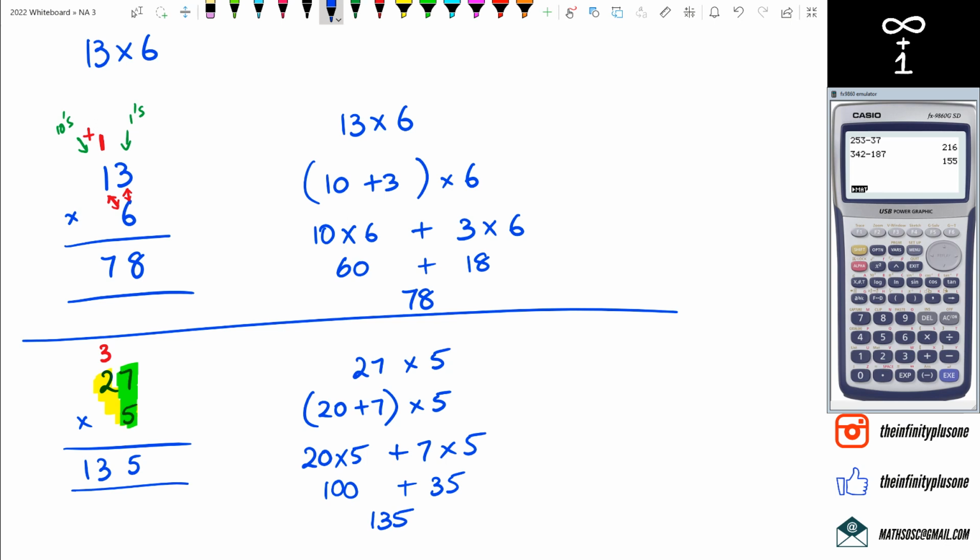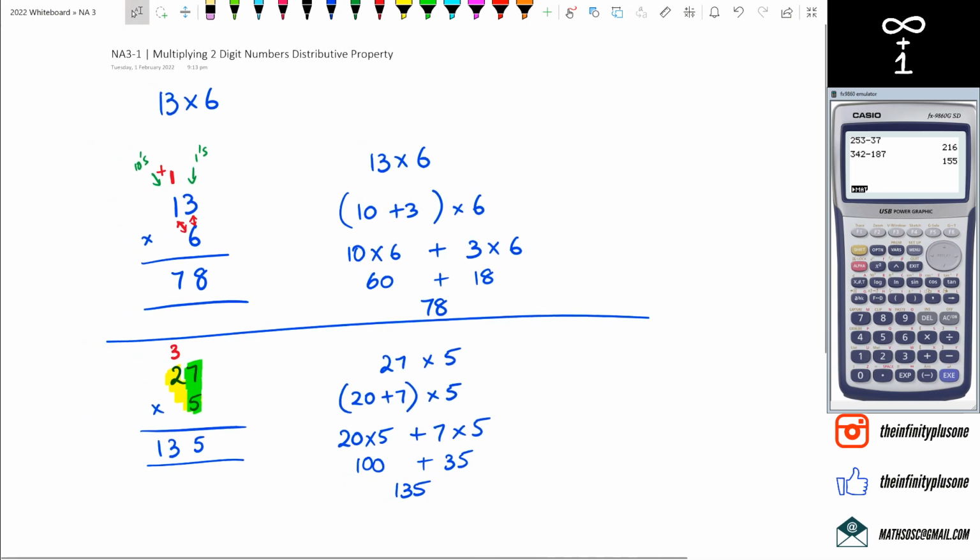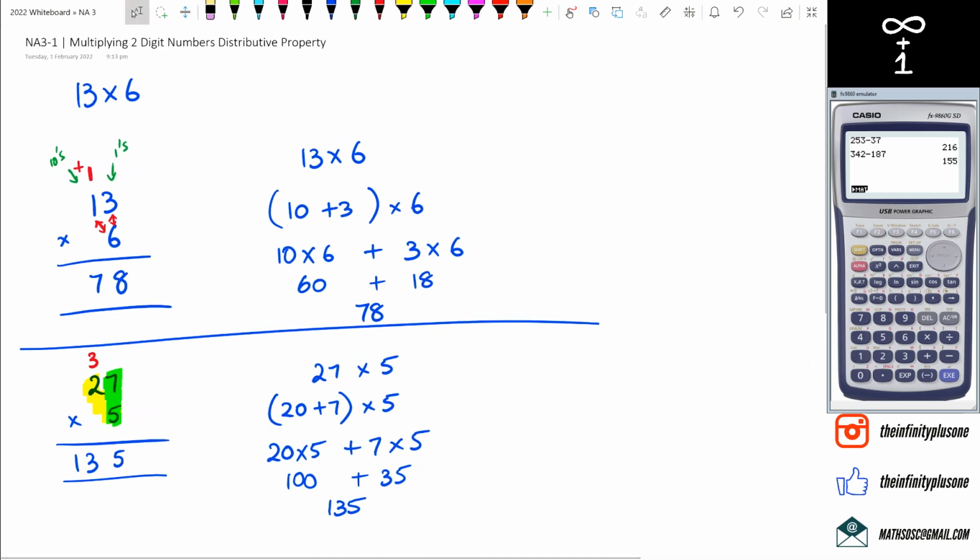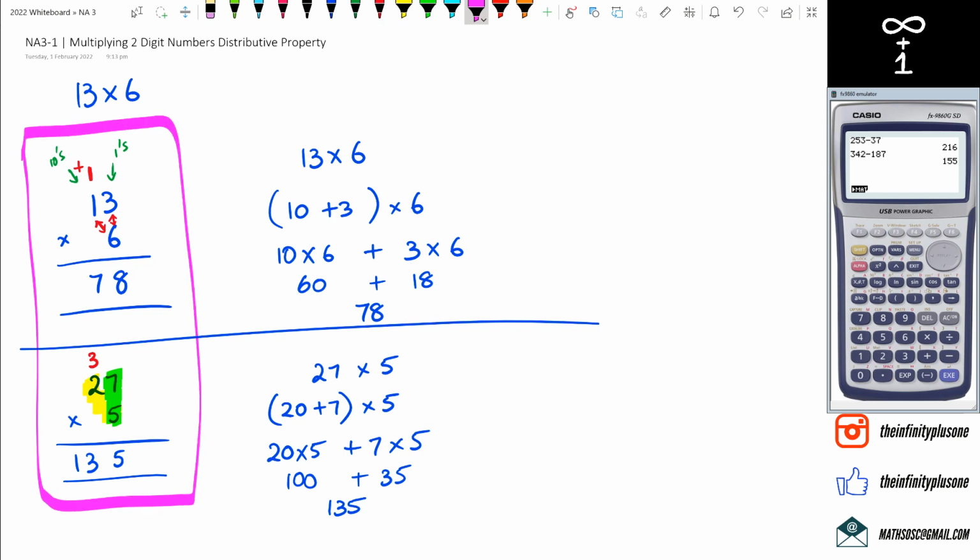So again, as I've said in my previous videos, if you are comfortable doing what we did in the pink box and you're like, nah, this is all good, I've done this before, I'm happy with it, then that's good. You stick with it. It works for you.